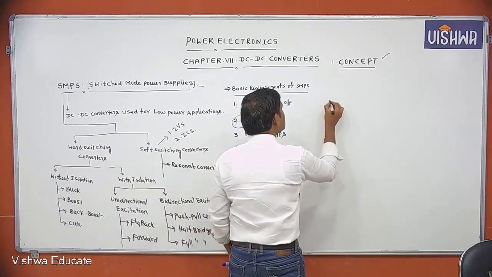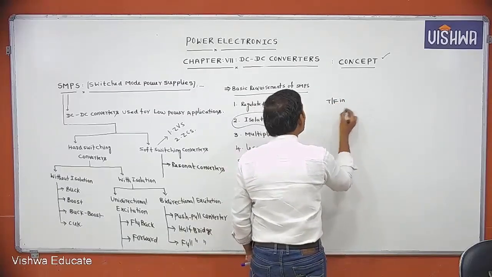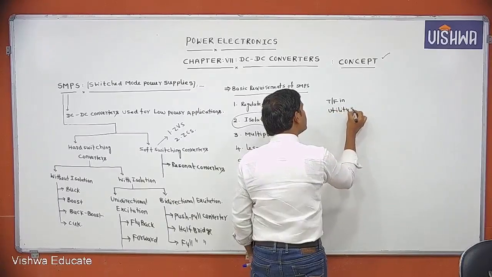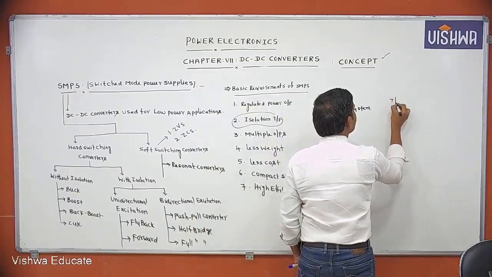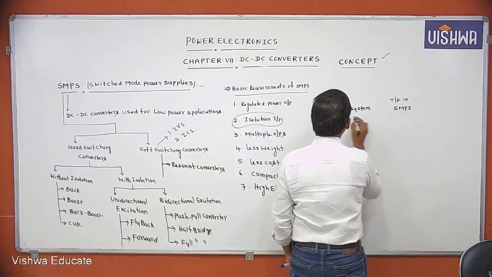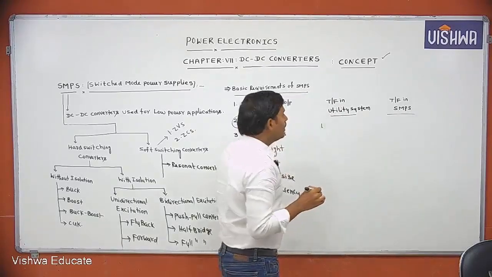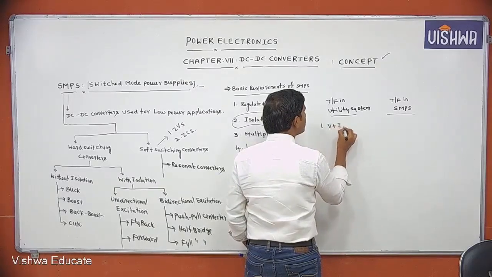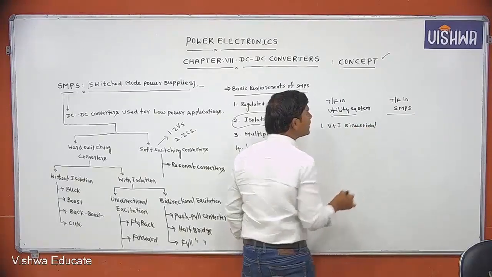In the utility system transformer, the excitation voltage and current are pure sinusoidal.